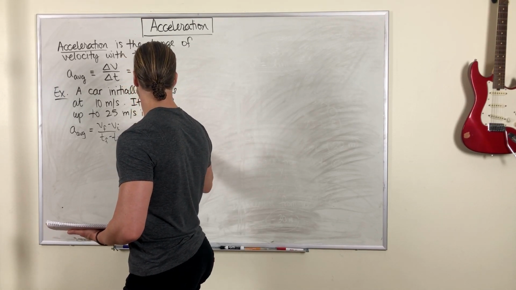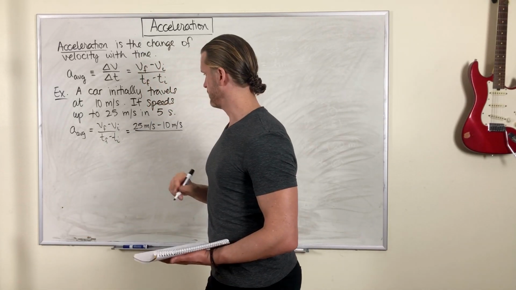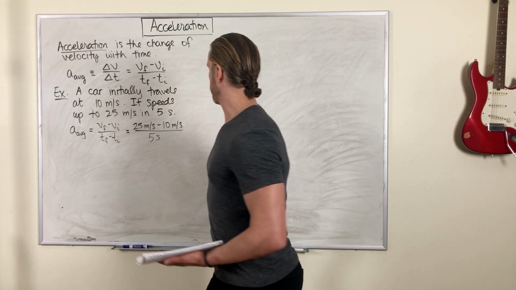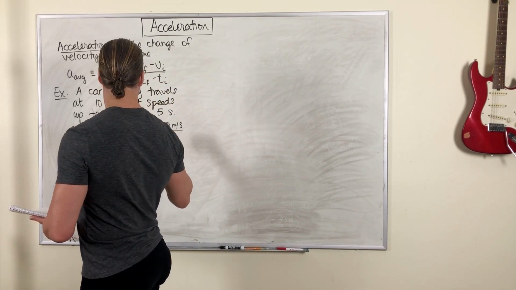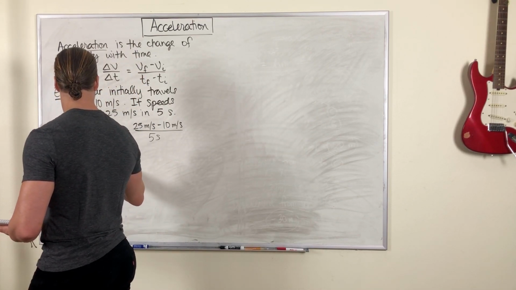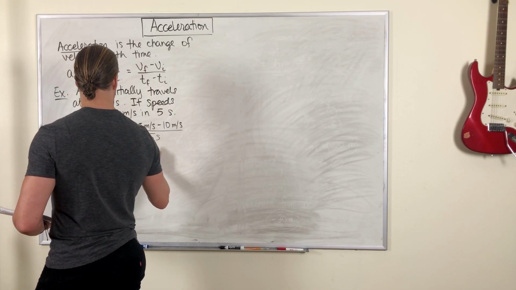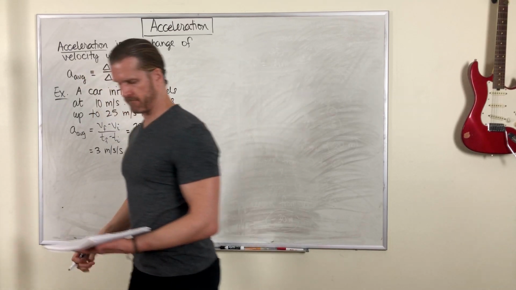The initial was 10. The change in time is 5 seconds. So that's 15 over 5, which gives 3 meters per second per second. Or 3 meters per second squared.